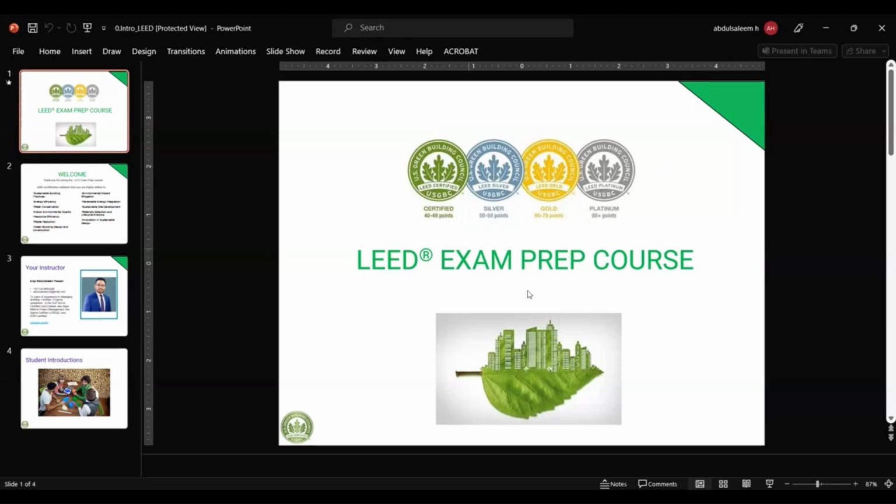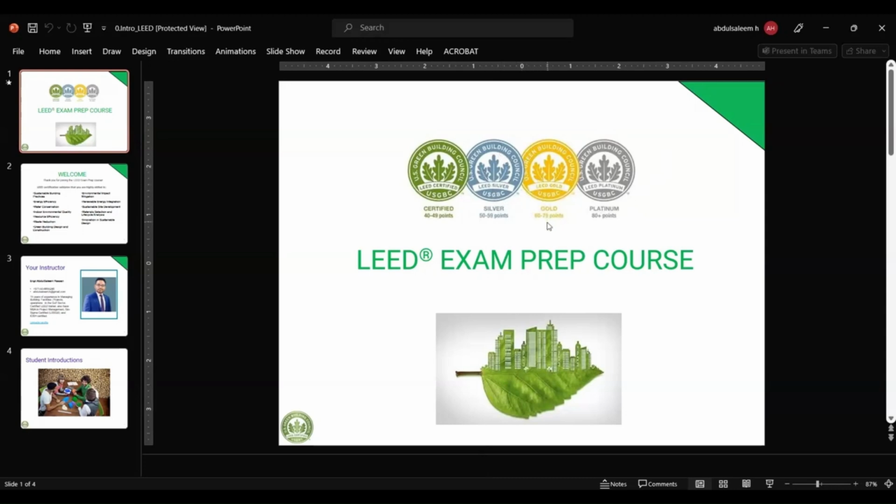Here you can see the different certification levels for a building. This is not for students. When the LEED auditors assess the building, they give a rating for the building. When it gets around 40 to 49 points, it gets the LEED certification. That's the basic certification. If it is 50 to 59, it will be a silver certificate.